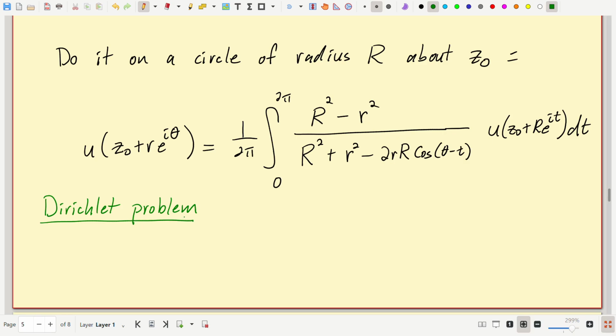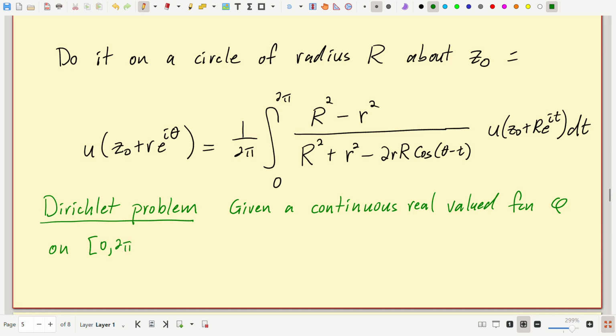The Dirichlet problem is: given a continuous function, I'll do it on the unit disk, a continuous real-valued function, phi on 0 to 2 pi that hooks up. So it's actually continuous on the circle.